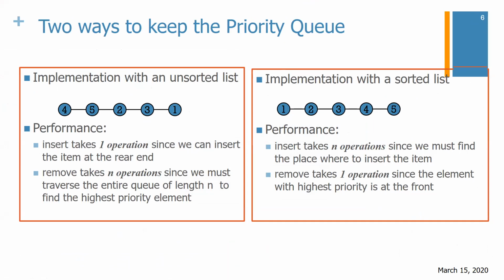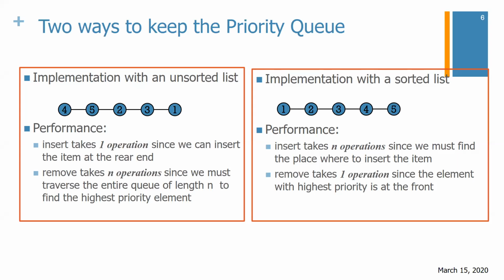For an unsorted list, we take one operation for enqueue. We can insert the item at the rear end. But for dequeue, we take n operations since we must traverse the entire queue of length n. So what is the difference between one operation and n operations? In the unsorted list, we add to the list without any sort.